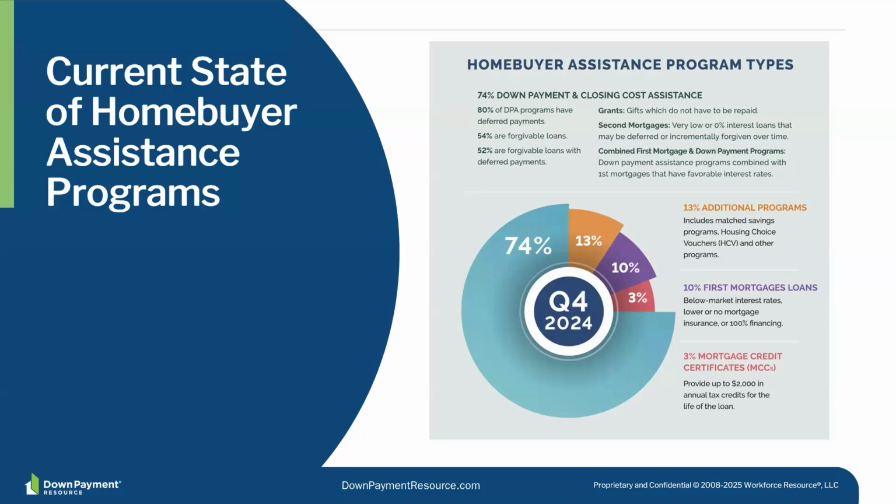And 52% of them are both deferred and forgivable. And then there are still other DPAs that are either true grants at closing or are repayable monthly after closing. We're going to break these down a little bit further, as well as the affordable first mortgages and tax credits or mortgage credit certificates in just a few moments.